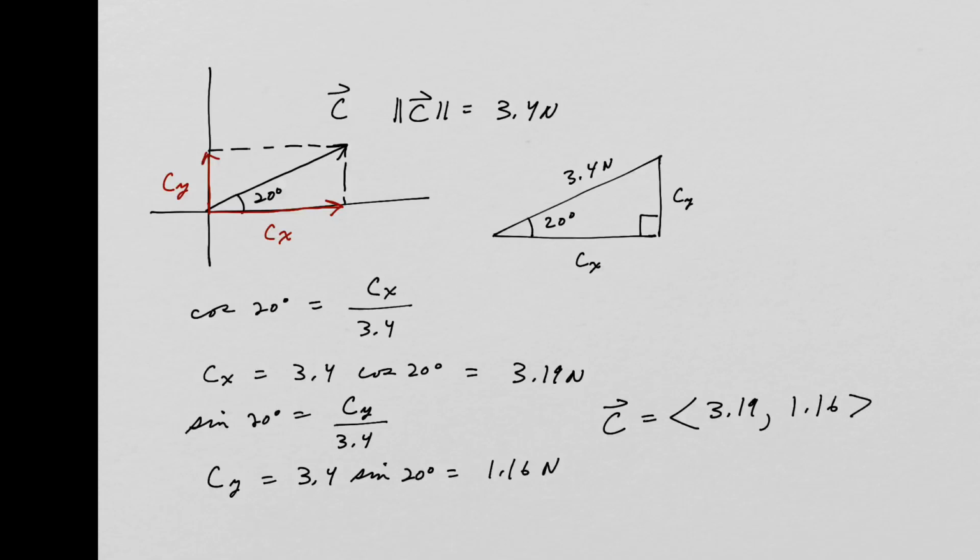Okay, so you could make a table. Let's just add them using the bracket notation. So now I want to find my resultant vector by adding A plus B plus C. So again, just to remind you guys, remember A was 2.17 comma 1.25.